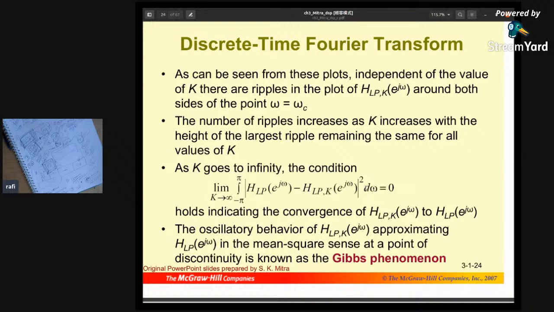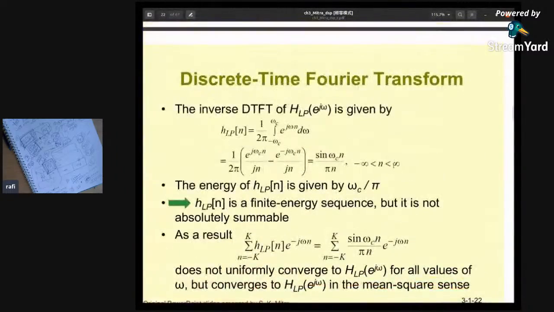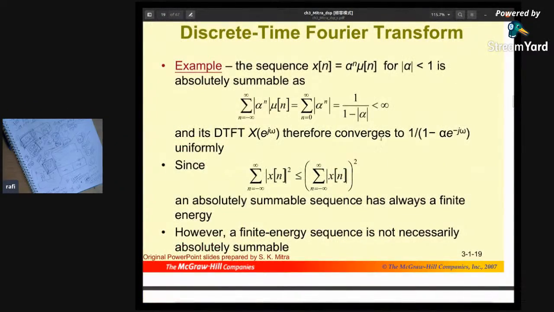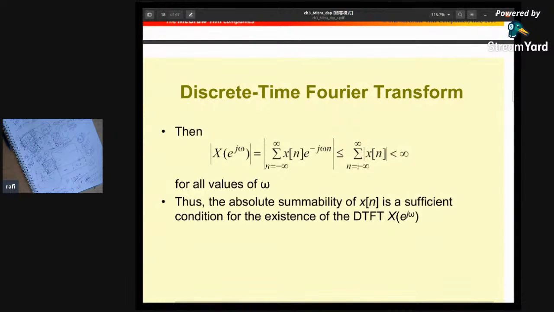The next thing to note is the existence of the discrete time Fourier transform. When a signal is absolutely summable, that is, the summation over n from minus infinity to infinity of mod x of n is less than infinity, then we say it is absolutely summable.